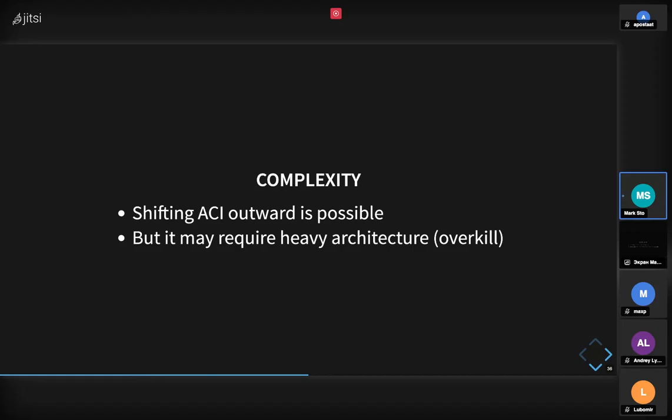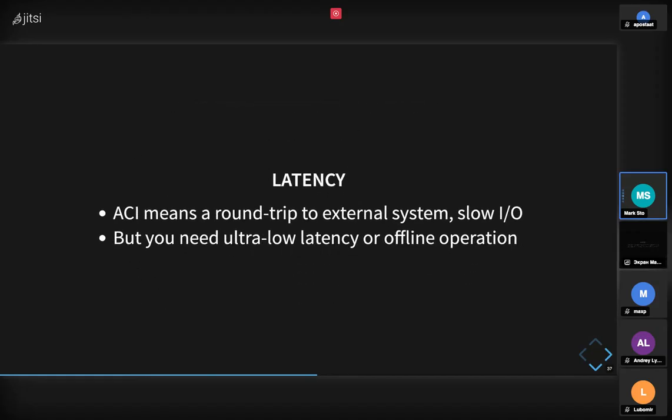It depends, as usual, right? So another one is latency. Each operation that requires these guarantees will require a round trip, either to an external system or just to a disk as an IO.